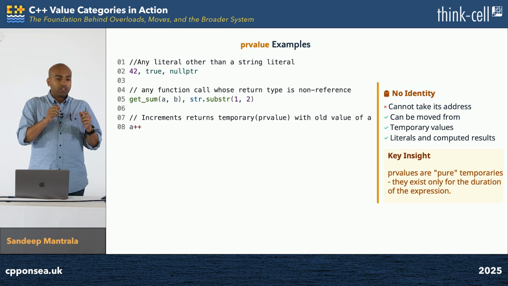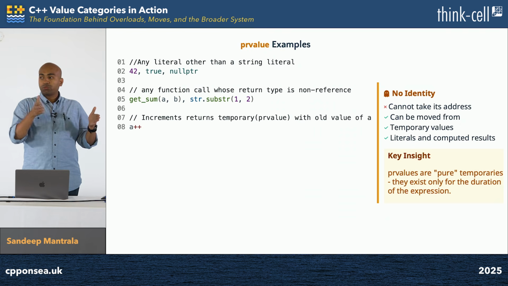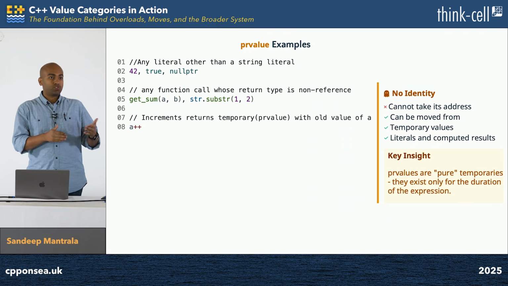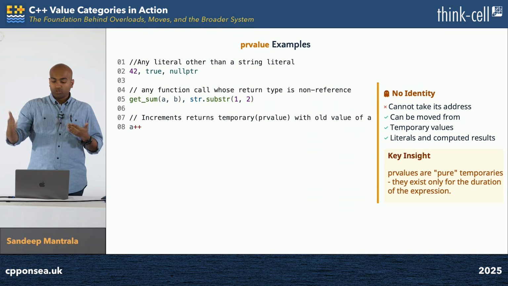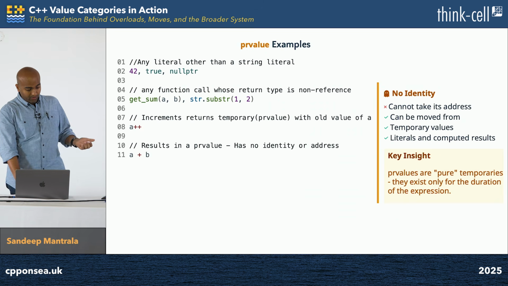So it is important to know the different possibilities. If you're using a++, you should know that it is a prvalue, and that it cannot bind to an lvalue reference. That's why we're looking at various examples here.